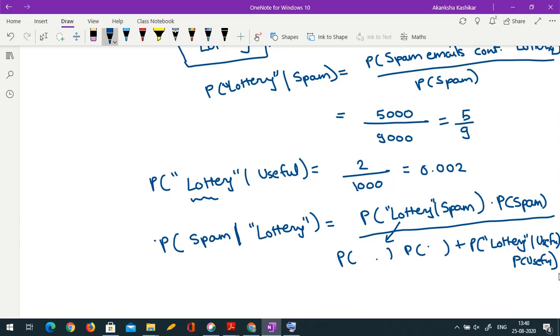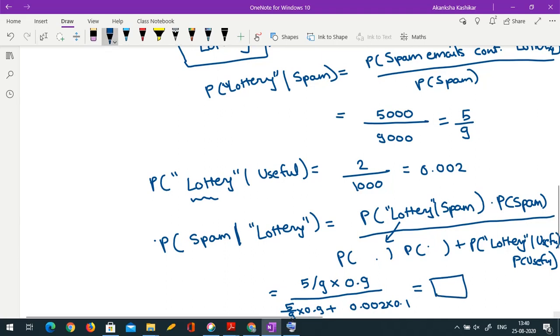Now I know everything on the right hand side, correct? The probability of lottery given spam I know is 5 by 9. So it is 5 by 9 into 0.9, upon 5 by 9 into 0.9 plus 0.002 into 0.1. Whatever number I get is the number I am interested in, and if this number is close to 1, then we would send that email to the spam folder.